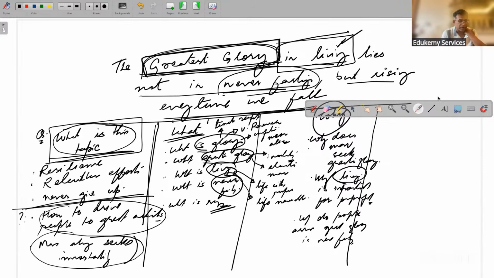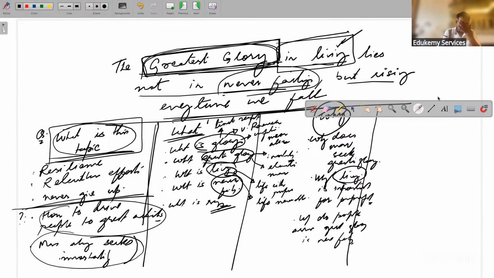That's more important. What is greatest glory? Yes, absolutely, correct, Abhiroop. So you've asked what the topic is about, then with the keywords, what do those keywords mean, and then you moved on towards why. I think these three parts are set, all of you. Are these three parts set?